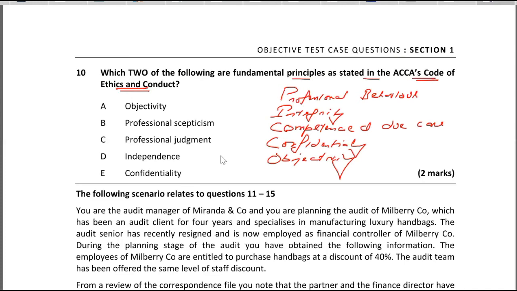So objectivity is here. One, professional skepticism. It's not a fundamental principle. This is all about having the questioning mind, investigative approach, being alert to the condition. Professional judgment, no. Independence, no. Confidentiality. So these two.